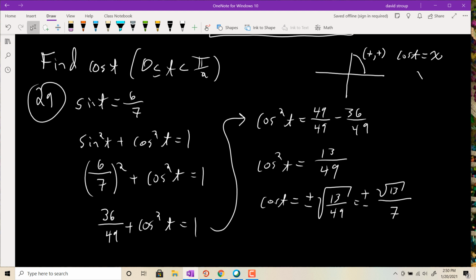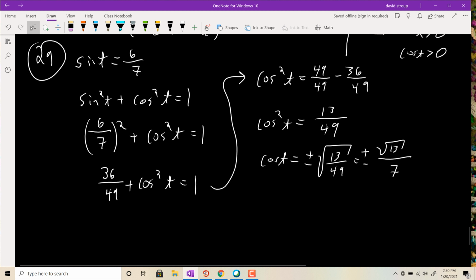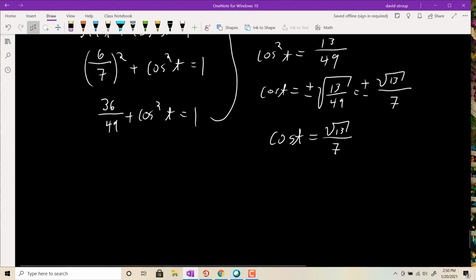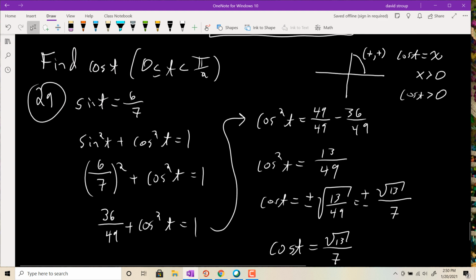That means x has to be positive. In other words, cosine of t has to be positive, so you don't want plus or minus, you just want the plus. So cosine of t is equal to root 13 over 7. Okay, so hopefully that makes some sense.